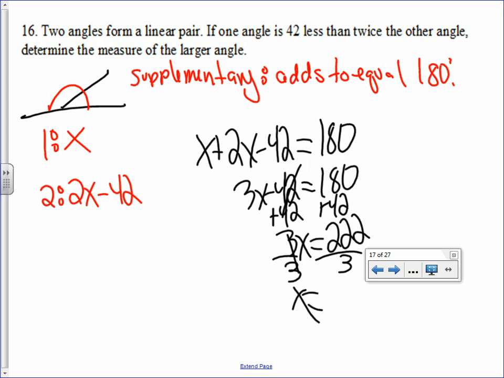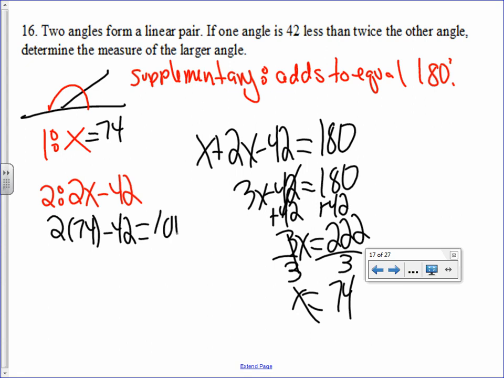X equals 74. It's asking for the measure of the larger angle. I don't know which one's larger. This one's 74. This is 2 times 74 minus 42, which is 106. 106 is the larger angle.